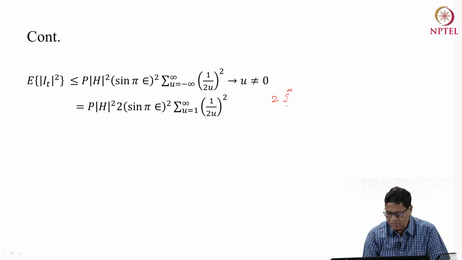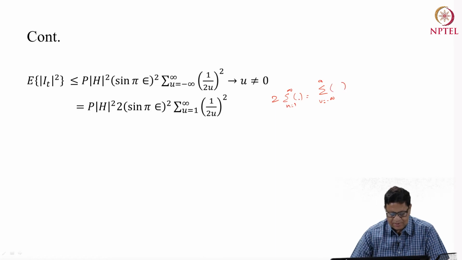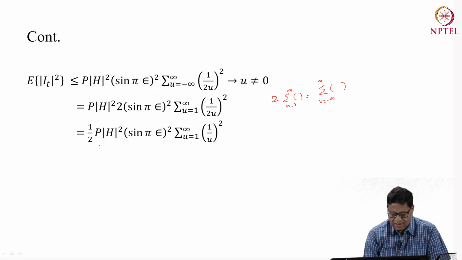The summation from u equal to 1 to infinity is equal to the summation from u equal to minus infinity to infinity of this expression. Using this, I get a simplified expression: 1/2 P|H|² sin²(πε) times the summation from u equal to 1 to infinity of 1/u², which is a standard identity that gives a value of π²/6.